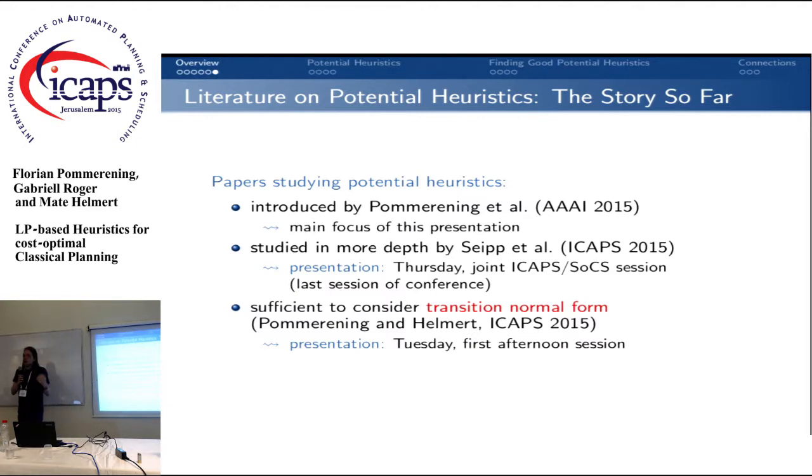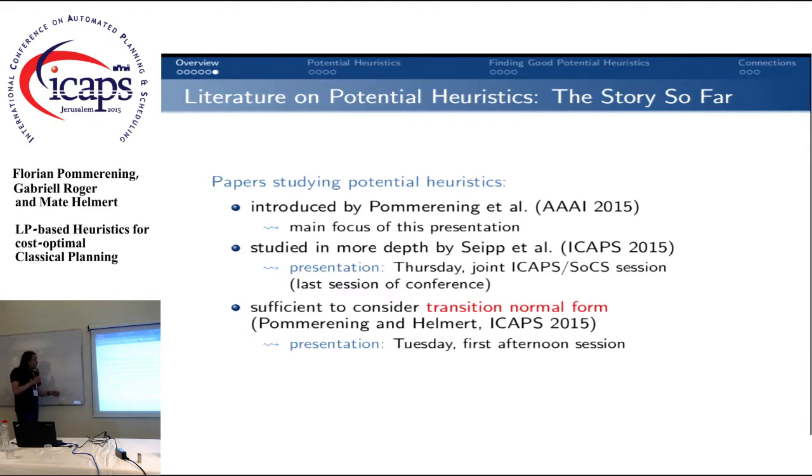Since then, there has been some follow-up work that will be presented at this conference. We get some very nice computational results that build on the previous ideas and show that you can be really, really fast with this kind of approach, and that will be a presentation by Jendrik Seipp in the joint ICAPS SOC session. This is the last session of the conference on Thursday.